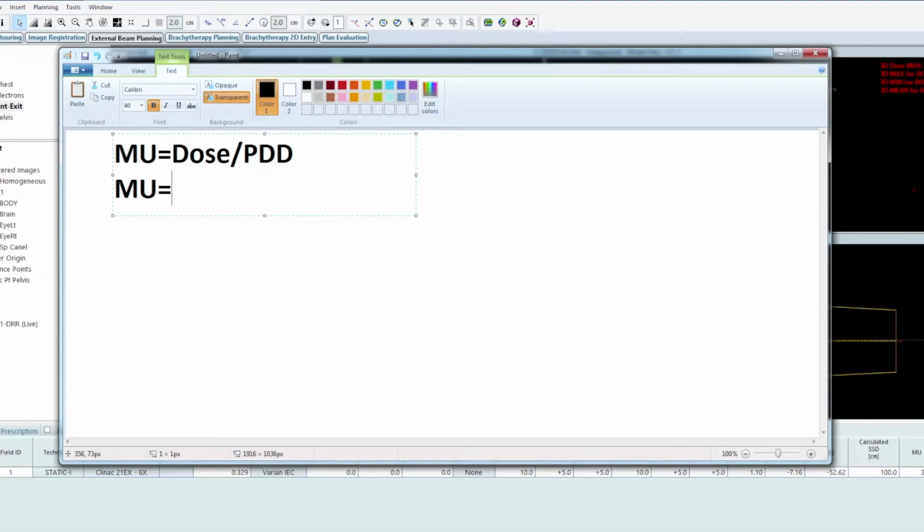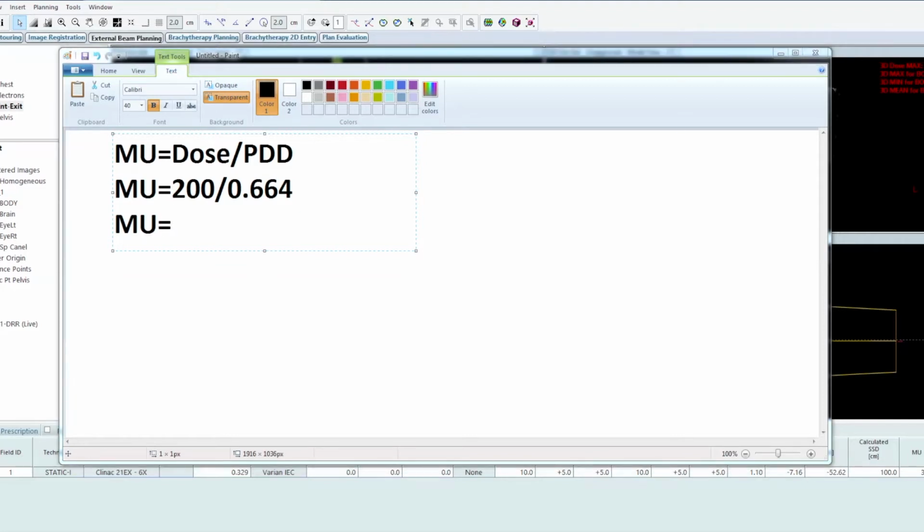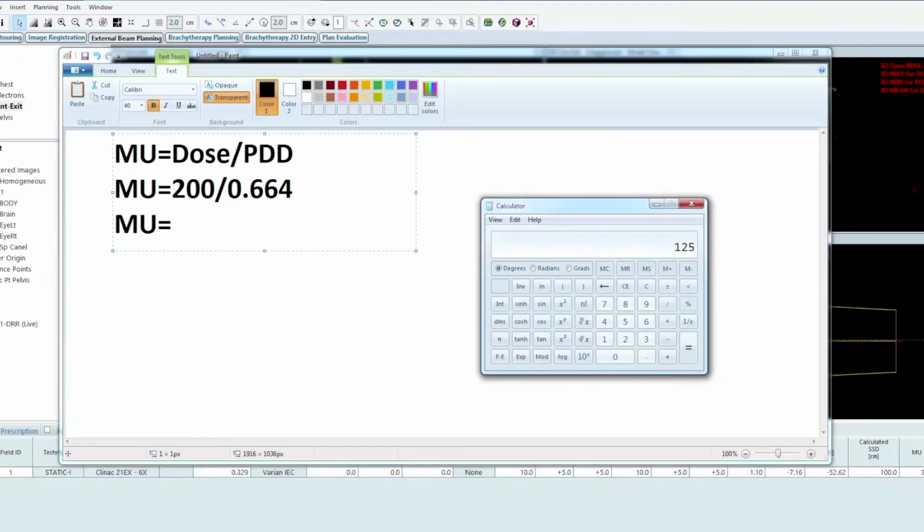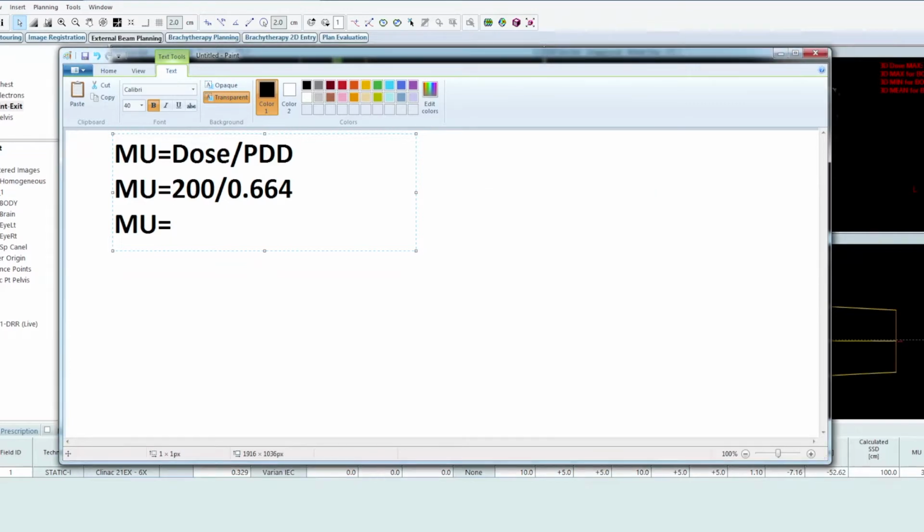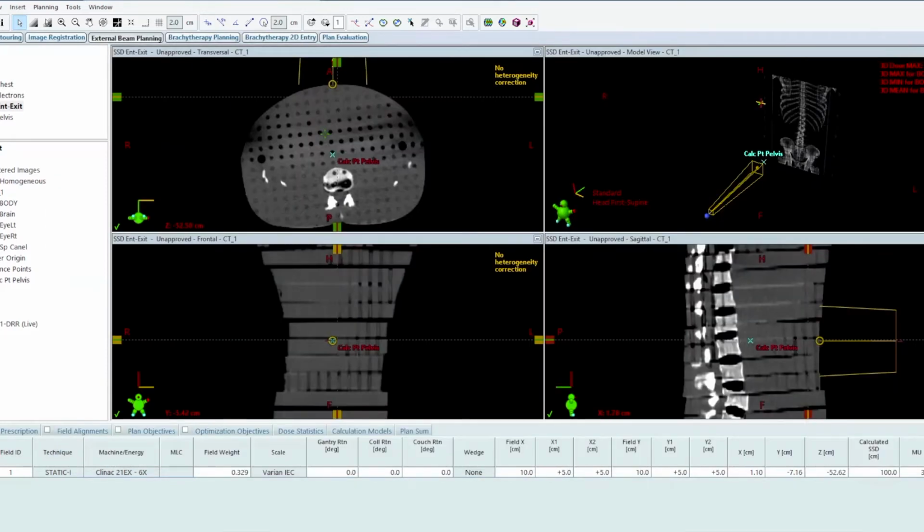My monitor units are going to be 200 divided by 0.664. And if I pull the calculator in, 200 divided by 0.664 gives me 301 monitor units. My treatment planning system says 304, which gives me an error of 1%. In this particular example, that's fine.